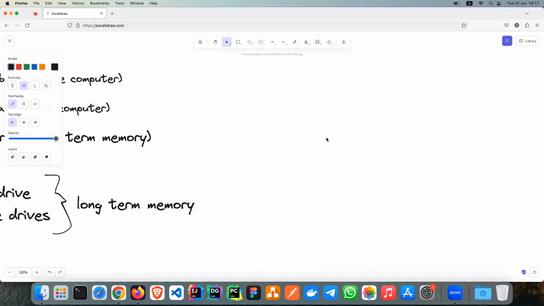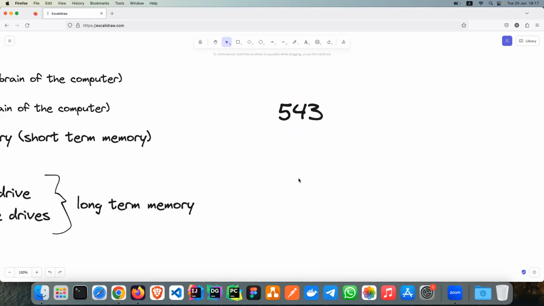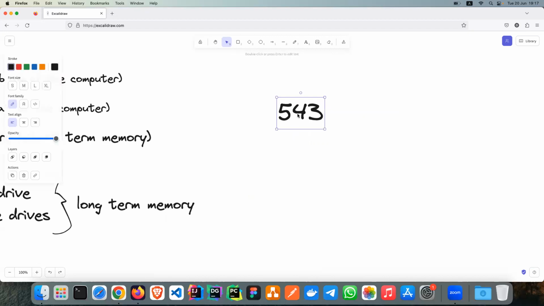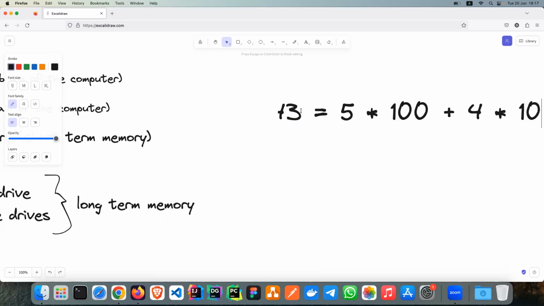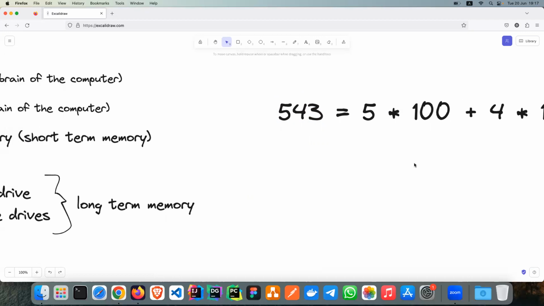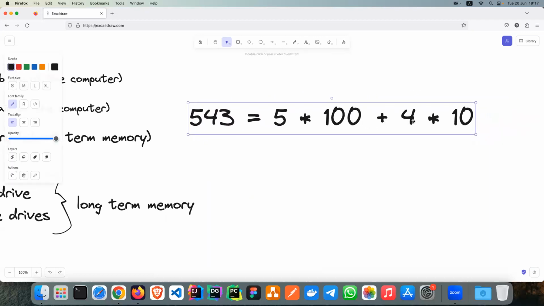Let's start from the decimal notation. Okay, we have 543. How do we know that this is 543? Because this is 5 multiplied by 100, plus 4 multiplied by 10, and also 3 multiplied by 1.